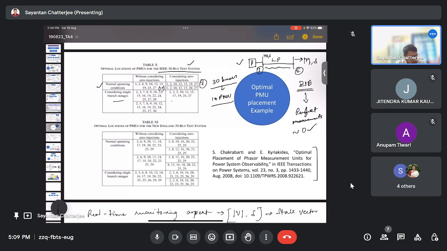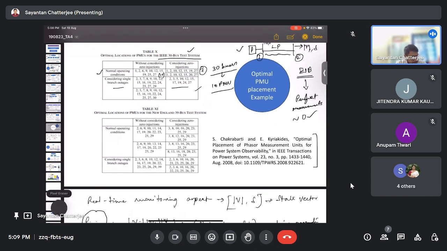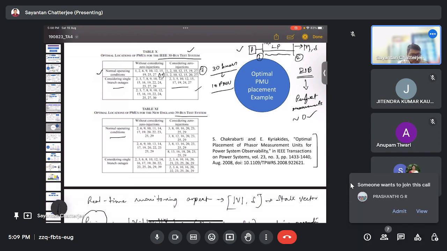And considering the zero injection cases, this would result in much lesser PMU placement. And this is for the IEEE 30 bus system. You can go through this paper. Suppose this is the test system, the New England 39 bus test system. Here also the authors have performed this test on the normal operating case.